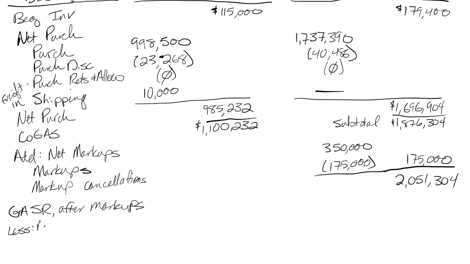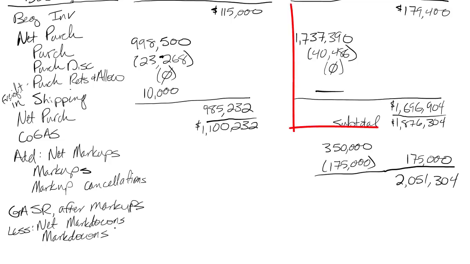Next, I'm going to take out my markdowns. So less net markdowns. And that's going to work the same way. I'll take any markdowns that I had. These are the sales I offered from these original prices up here. And I had markdowns of 240. And I don't have any, but I can also have markdown cancellations.